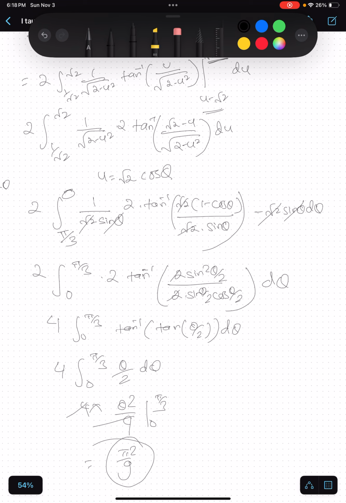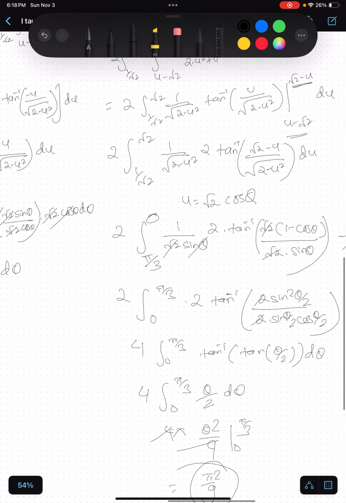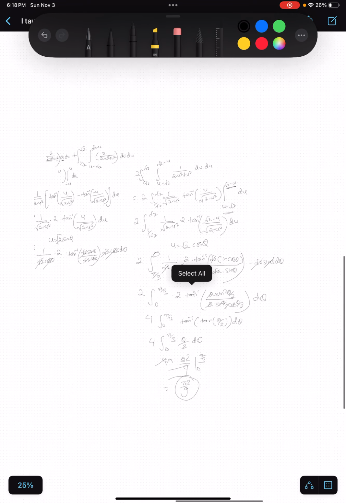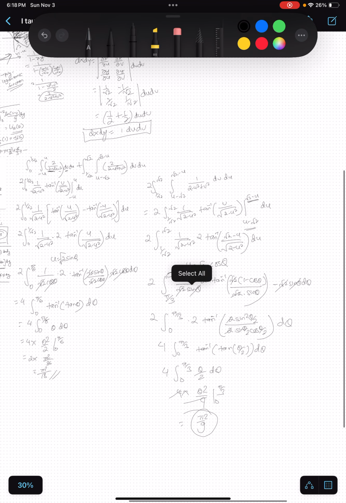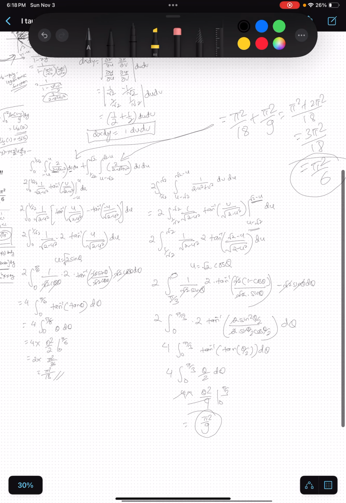Now we got these two different parts, and the only thing I need to do is add them. So pi square by 18 plus pi square by 9, which is pi square plus 2 pi square by 18, which is 3 pi square by 18, which is pi square by 6, exactly the answer, zeta of 2.